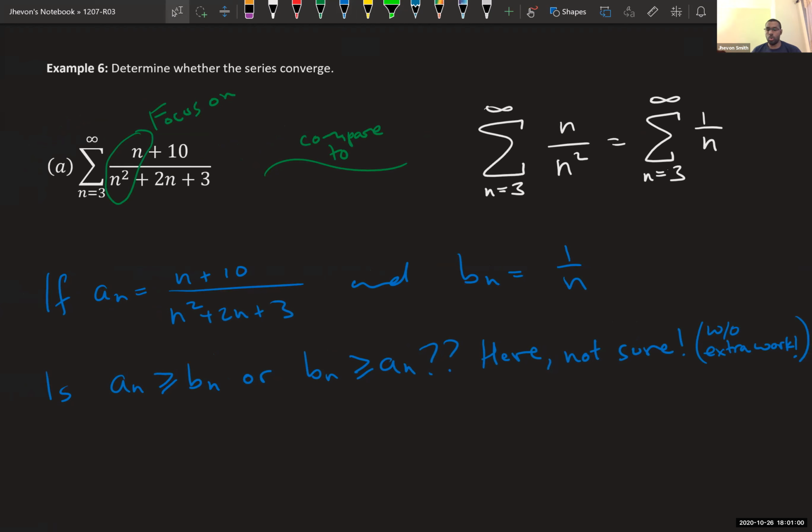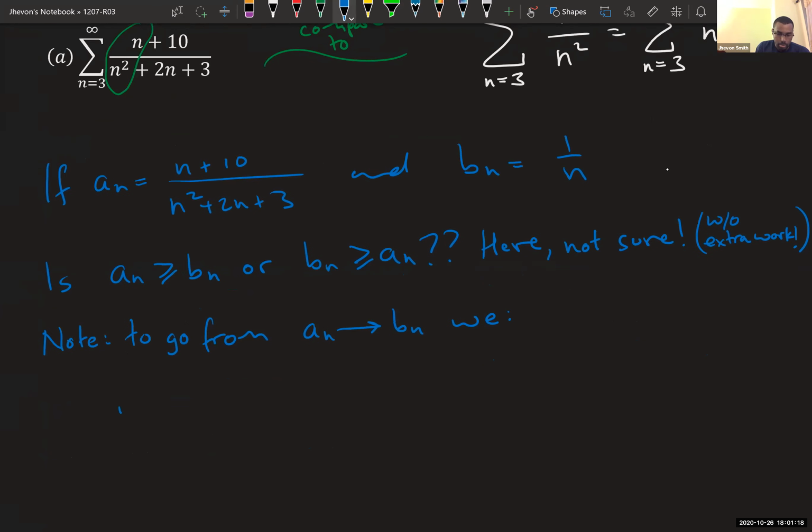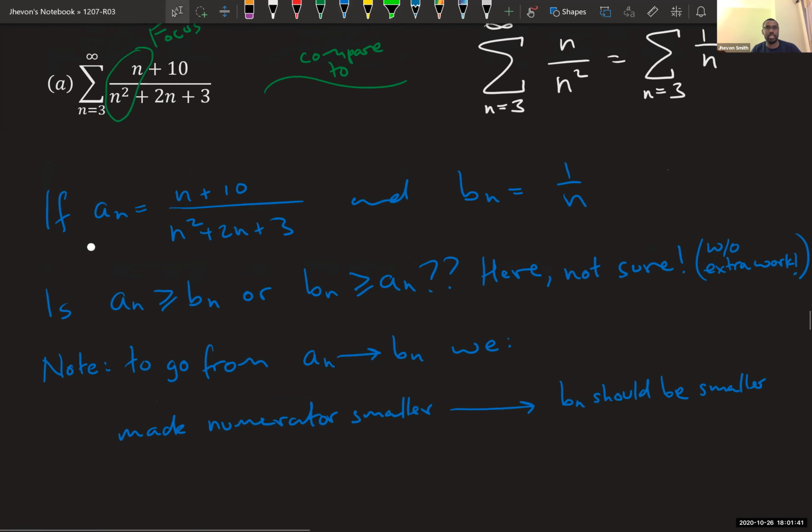So why are you not sure? Because you'll notice, to go from an to bn, we, on one hand, made the numerator smaller, which indicates that bn should be smaller. Right? I subtracted 10 from the numerator. The numerator went from n plus 10 to just n.